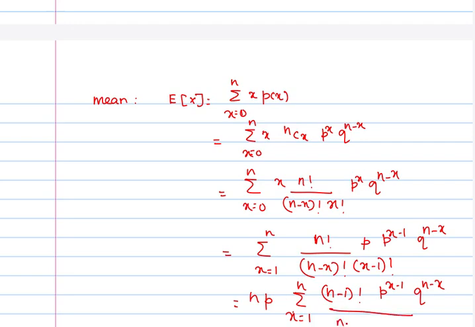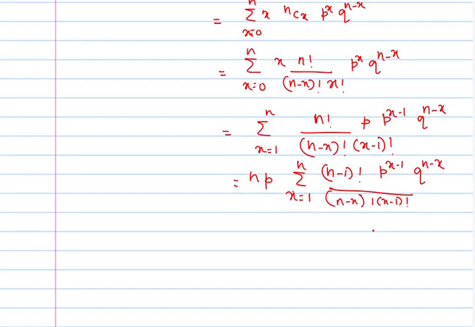With a small modification, this is n minus 1 minus x plus 1 factorial.